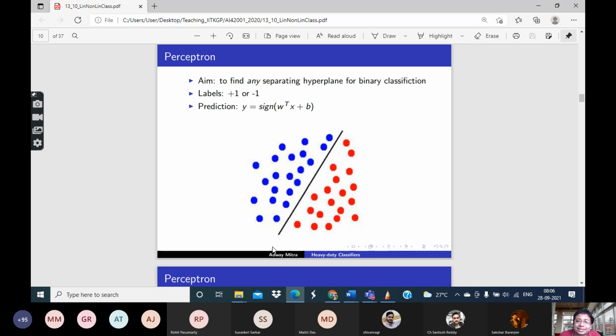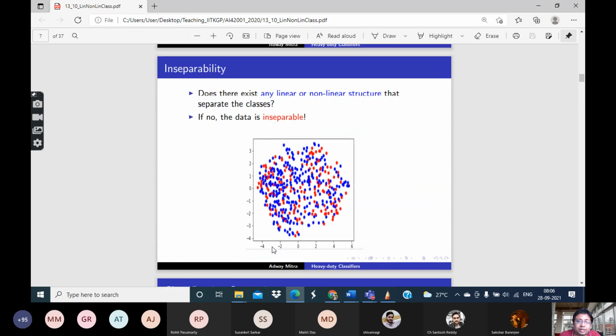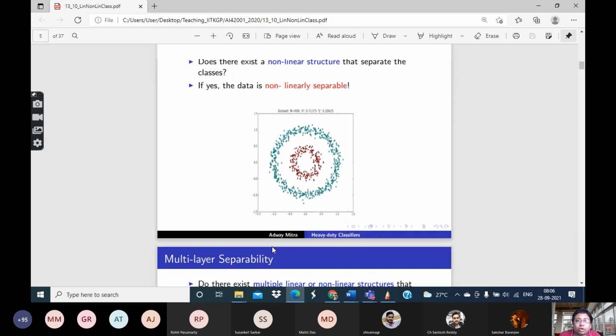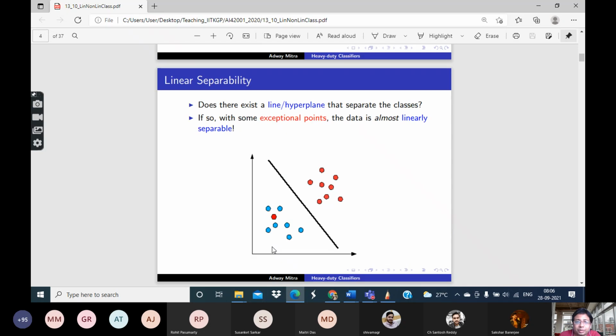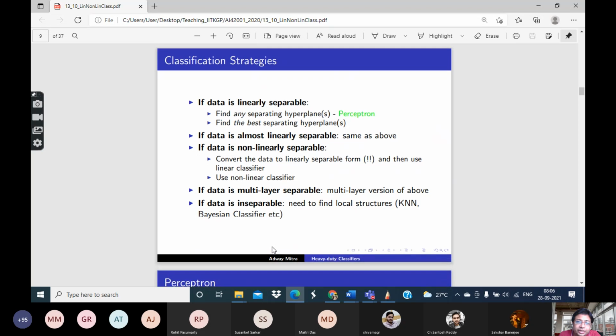Apart from that, we also considered some other kinds of data sets, like inseparable data sets, multi-layer separable data sets, non-linearly separable data sets, or almost linearly separable data sets. Now, we started off discussing linearly separable data sets.